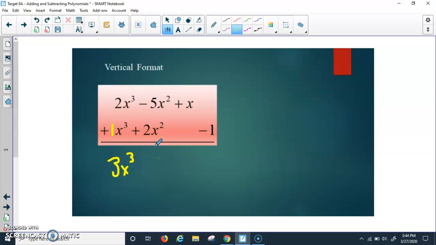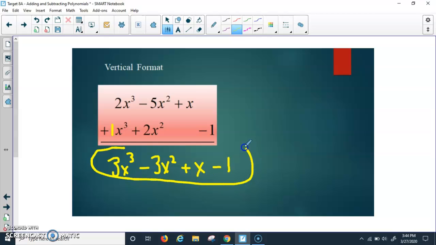Your negative 5x squared plus 2x squared is negative 3x squared. You've got your x term, which there's nothing to combine it with, and you've got your minus 1, and there's nothing to combine it with. So right there is your answer, and the nice thing is it's in standard form. Vertical form is a little easier to work with because the like terms are already in the same column, so it's easier to see.